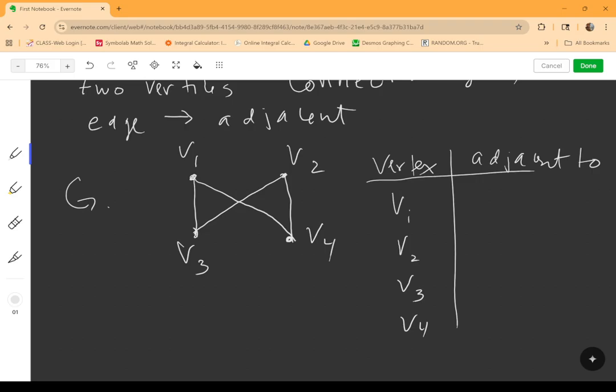V1 is adjacent or connected to V3 and V4. V2 is connected or adjacent to V4 and V3. V3 is connected to V1 and V2, and then V4 is adjacent to V1 and V2.